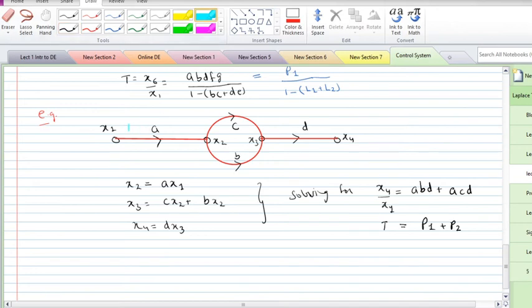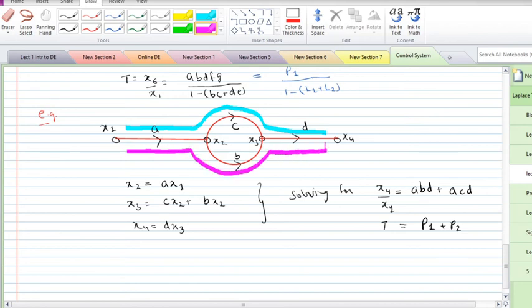The first one is you can go in this way, from this to this side and this side, and in the second path you can go in this way and this side and this side. Let us suppose this is your path P2 and this is your P1. So ACD is this one, and ABD is this one. So in this way we can proceed.